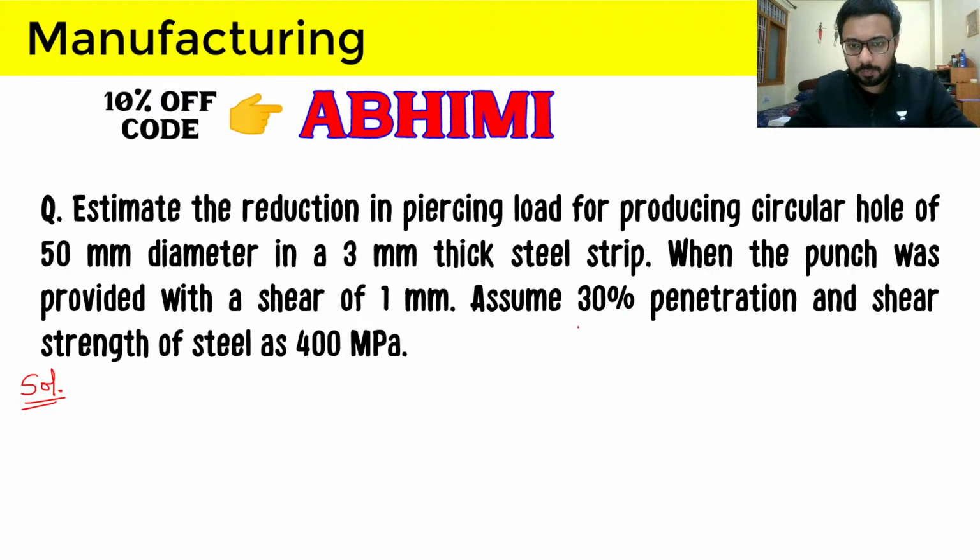And always when the penetration is given, you should remember the penetration is 30% of what? 30% of thickness. And shear strength is given as 400 megapascal, which is also required to first calculate the maximum force. So let's first calculate the maximum force.